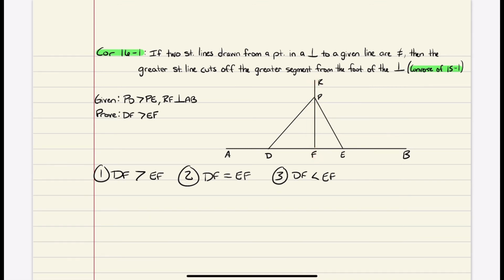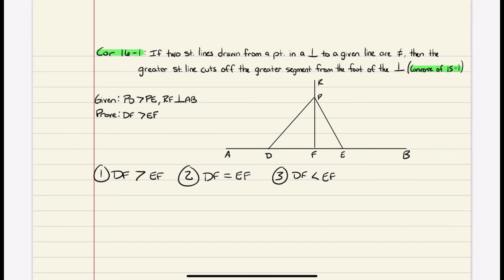Again, we have perpendicular lines. RF is perpendicular to AB. So to prove that this line segment that is being cut off by a greater line segment is greater than this smaller segment being cut off by the smaller segment, I'm going to do the indirect way. So I'm going to lay this one aside and try to prove all the other possibilities to be true.